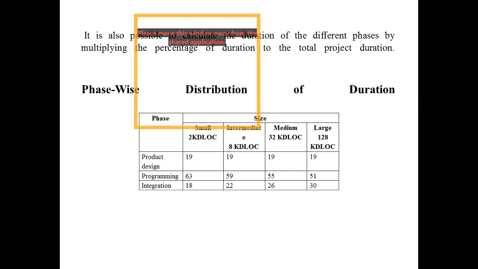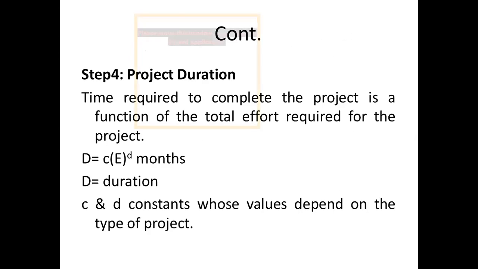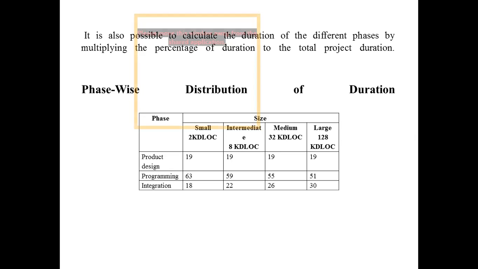We are already aware of the final value of the duration, capital D, because we have already calculated it. Now, to calculate the phase wise distribution of duration, take the final value of the duration, which we have already calculated with the help of the formula C e to the power D.